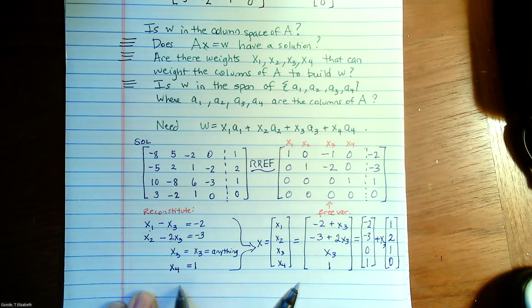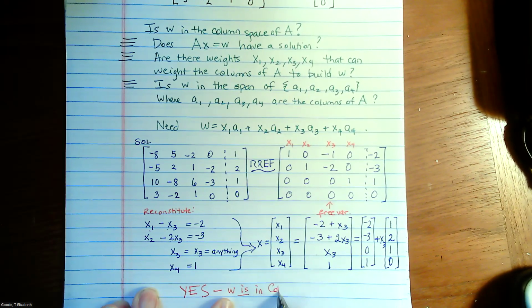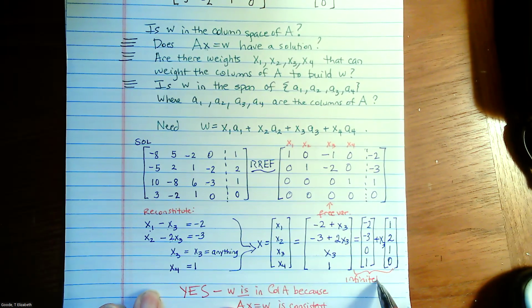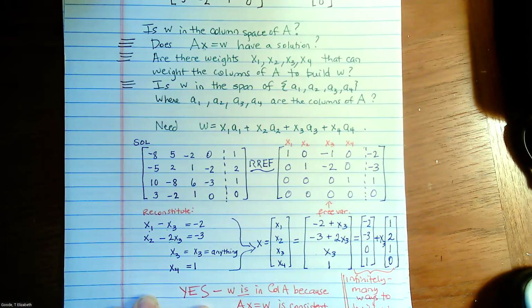But the answer is yes, W is in the column space of A because AX equal W is consistent. We have infinitely many ways to build W. Does that make sense? Yeah.